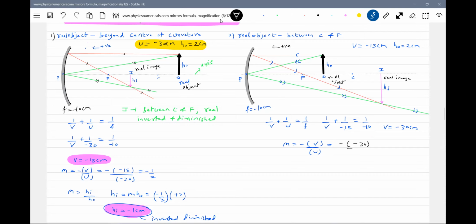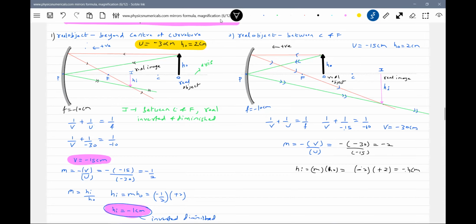Okay, substitute again. This minus 30 plus 2. So let's calculate the height of the image equal to m into HO, which is minus 2 into plus 2. This will be negative. So this will be minus 4. So what is the height of the image? Minus 4 centimeter.